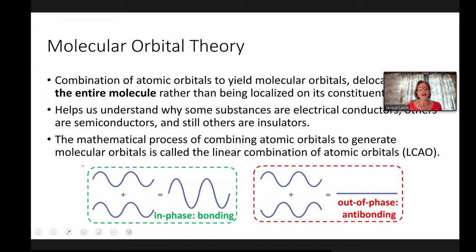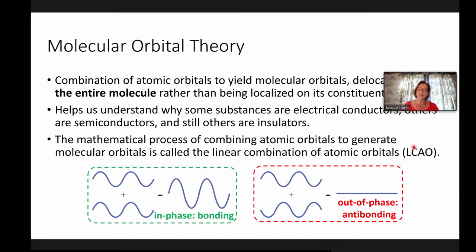So we have a new theory called molecular orbital theory. And if you remember, we talked about linear combination of atomic orbitals before when we talked about hybridization. What we were talking about there was within one atom, orbitals within that atom hybridizing or combining through this linear combination to form new orbitals for that atom for the purposes of bonding.